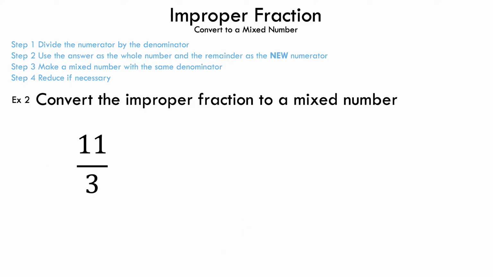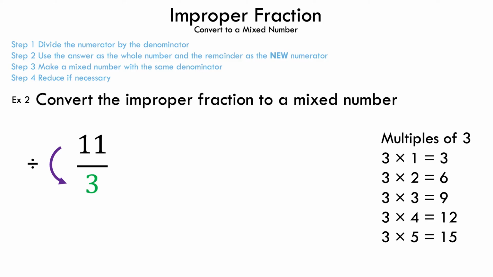Now let's take a look at example 2, same question. So now we follow the same steps. Step 1, divide. Let's write down the multiples of 3 so that we can do it easier, and begin the process of the division. We need to pick a number closest to 11 without going over, which in this case is 9. Now we write our answer on top, which is 3, and then 3 times 3, which is 9.